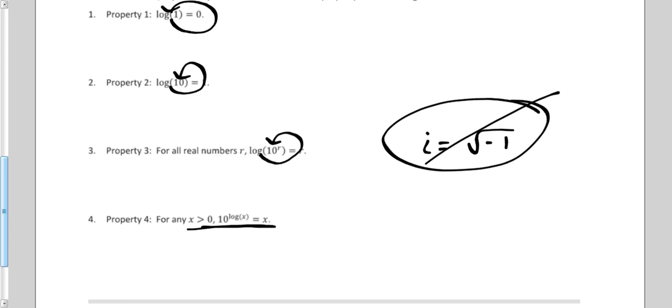Now think about this. Let's look at this expression right here, the log base 10 of x. What does that mean? I'm going to write the base in here. Now, when I say log base 10 of x, what am I asking?